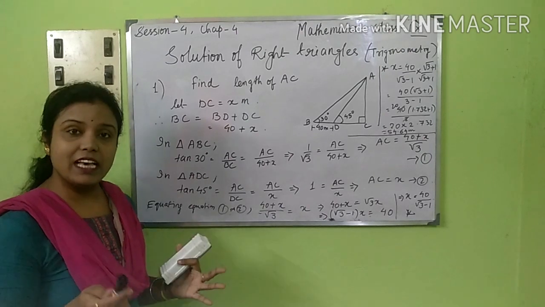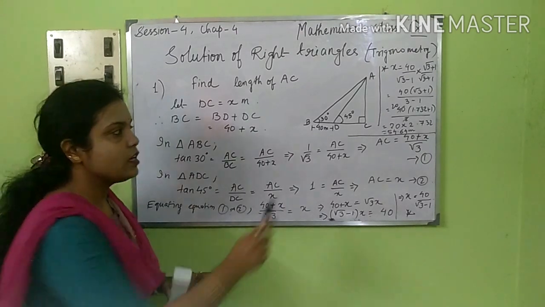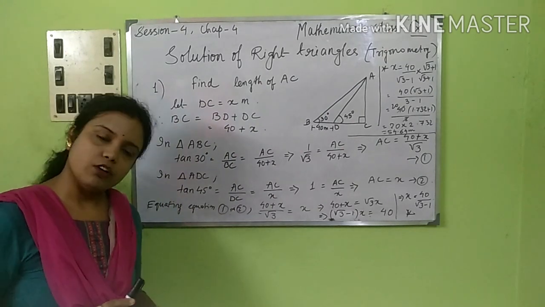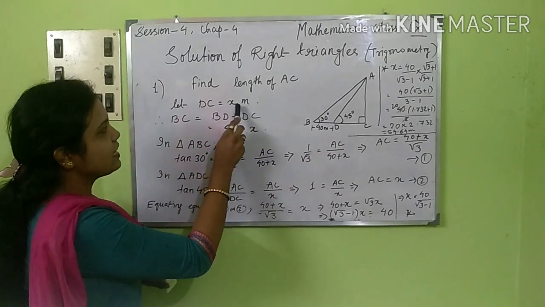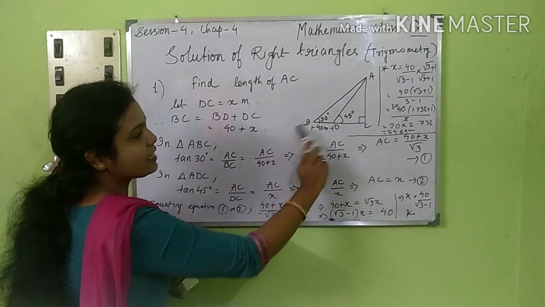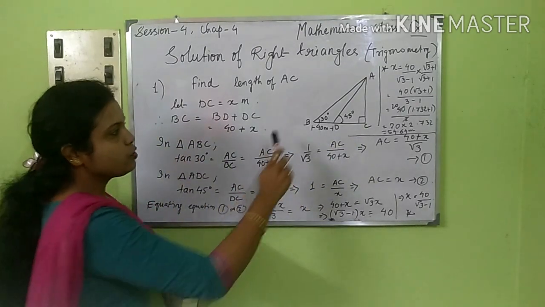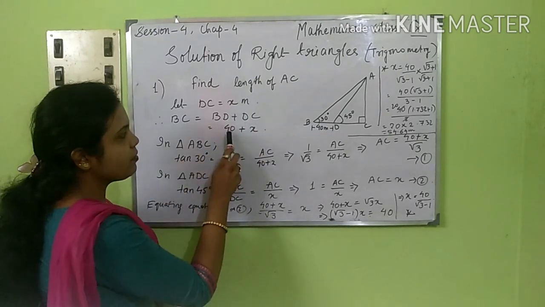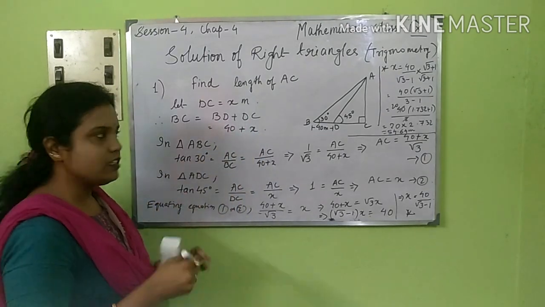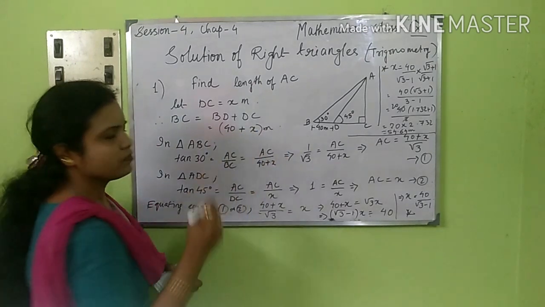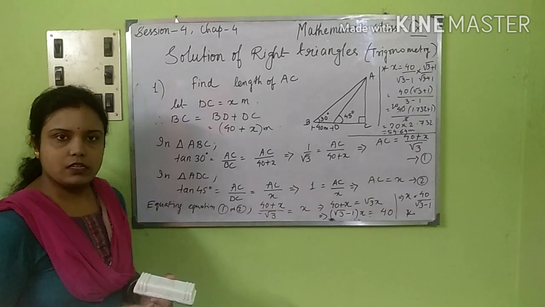So the first thing that we need to do is take this DC as X, as I have taken. As I have taken DC equal to X meters, the next thing I am going to do is calculate total BC. So BC is equal to what? BD plus DC, right? So it is coming 40 plus X. You can also add here, within brackets, meters, putting the unit.